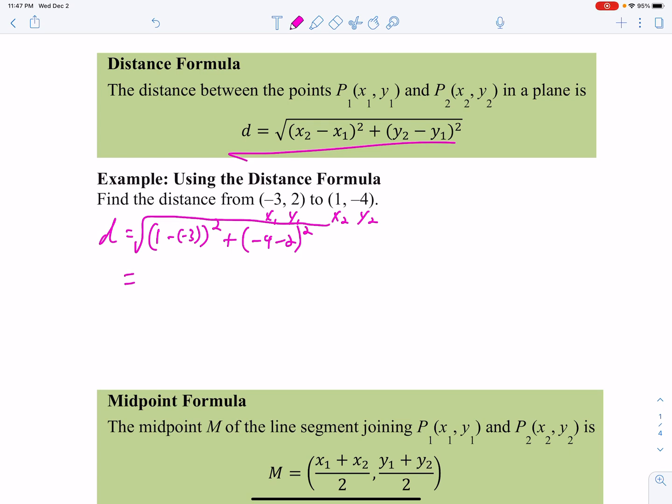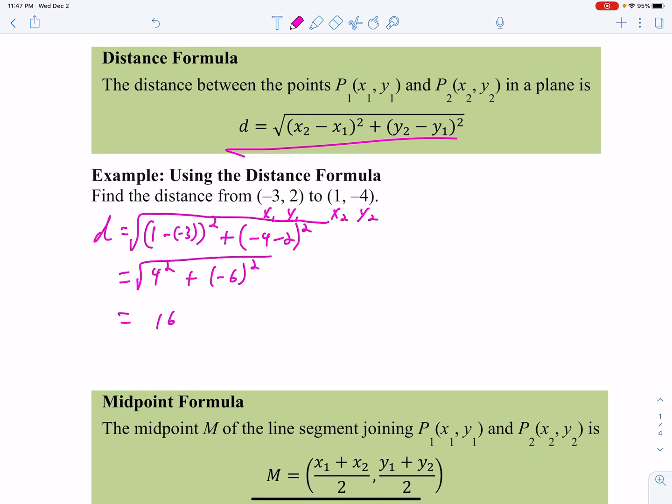Okay, so let's see, this will be 4 squared plus, this will be negative 6 squared. Okay, and then this will be 16 plus 36, still all under the square root there, which is the square root of 52.